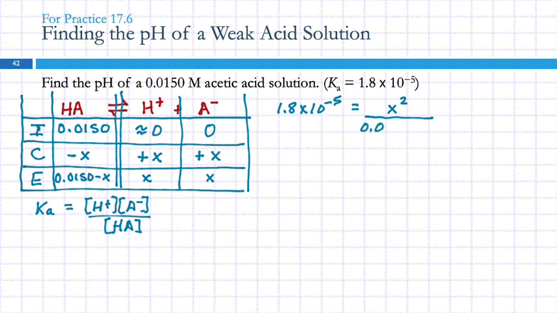And I've got 0.0150 minus X. So we can solve this one of two ways. Go ahead and do the solver business. And I am going to do the X's small, just to see what happens. Because actually I know what happens. So that's what I get for the X's small.